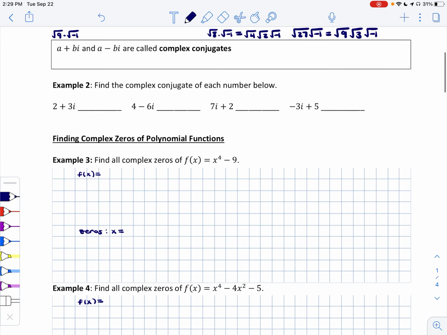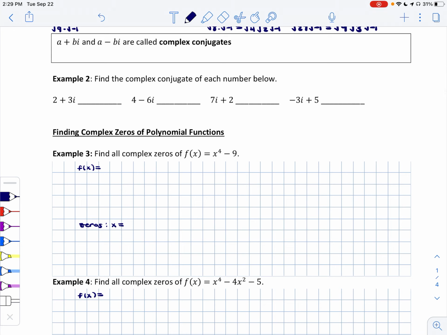Along with this comes the idea of a complex conjugate. If our complex numbers are in this form, a plus bi, when we change the sign in front of the imaginary term, this is what we call a complex conjugate. So the conjugate just changes the sign in front of the imaginary term.